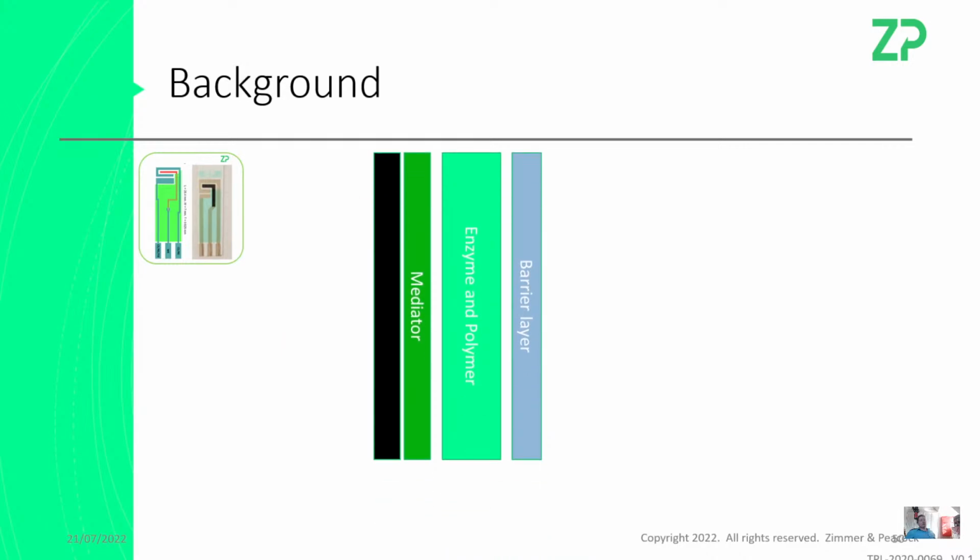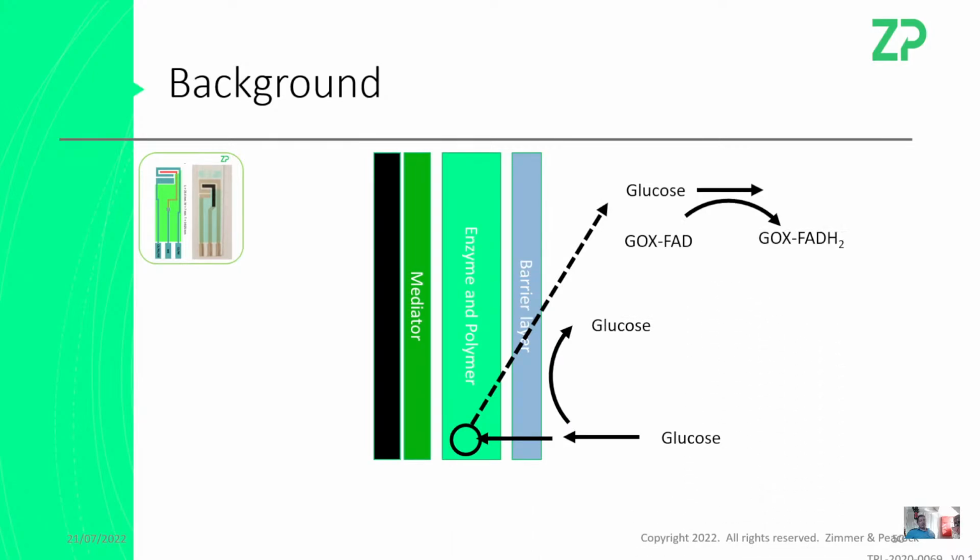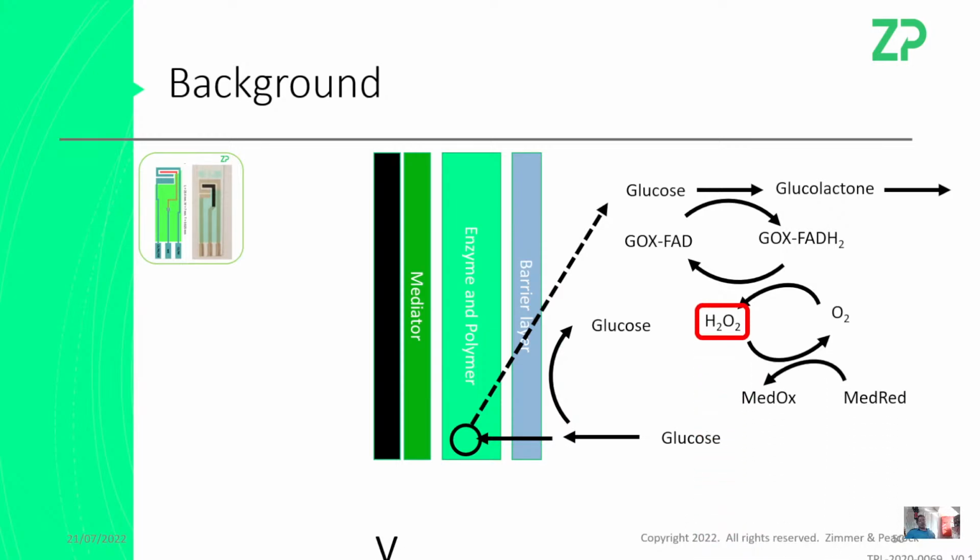And the reason that you need a mediator is, the glucose gets to the enzyme, obviously reacts with the enzyme, and we can get hydrogen peroxide. I say this because some mediators will work with hydrogen peroxide, some mediators will work with the enzyme directly. But if you've got a carbon electrode, then I expect that there's some sort of mediator in the system to help shuttle electrons from the enzyme to the surface.